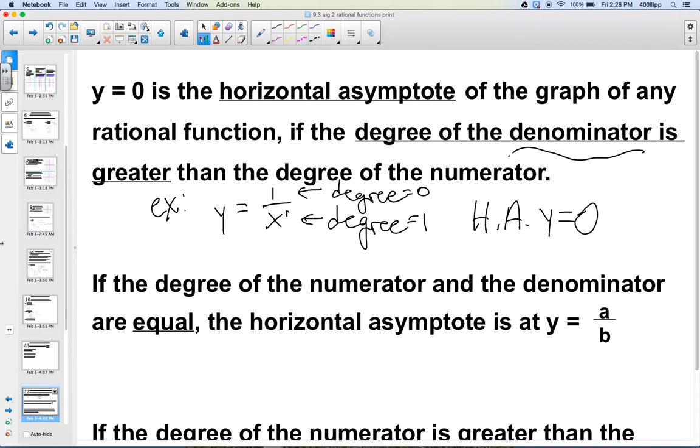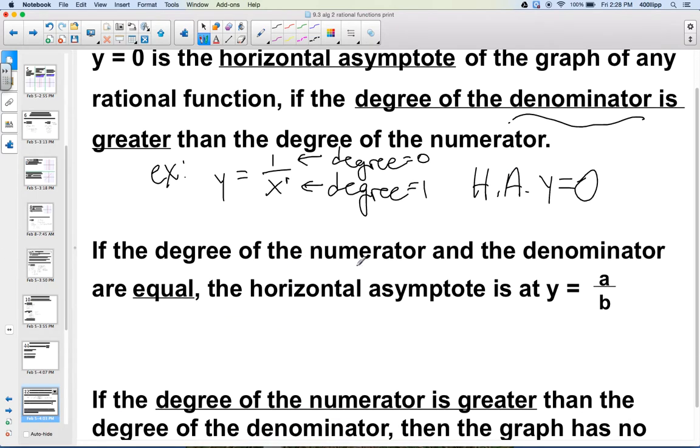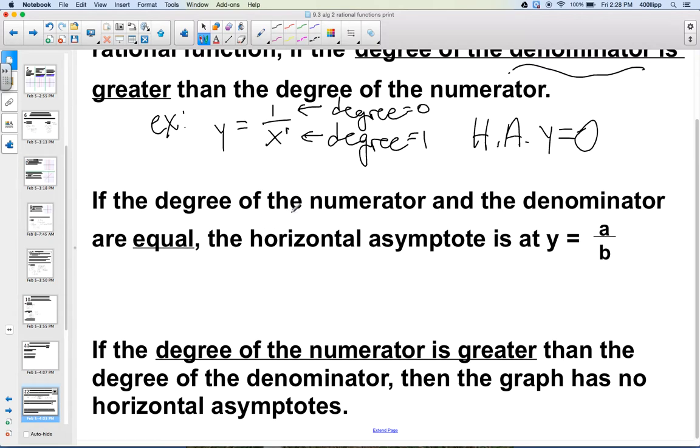Next one is when the degree is the same in the numerator and the denominator. If that happens, for example, if I have y equals x plus 1 over x minus 3, the degree here is 1. The degree is the highest exponent, 1. The degree here is also 1.